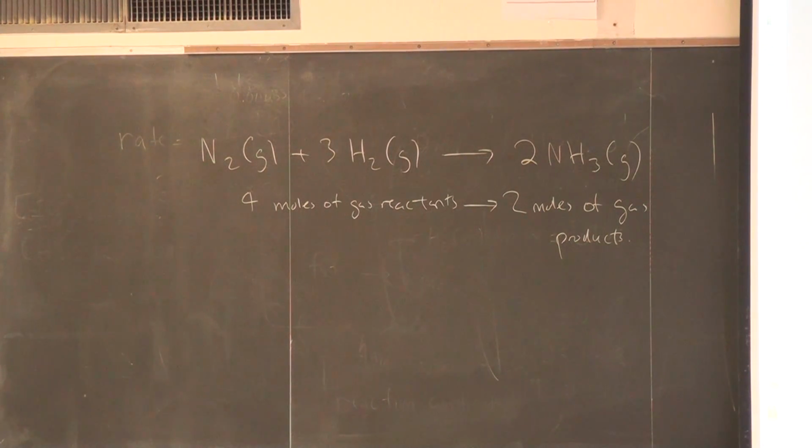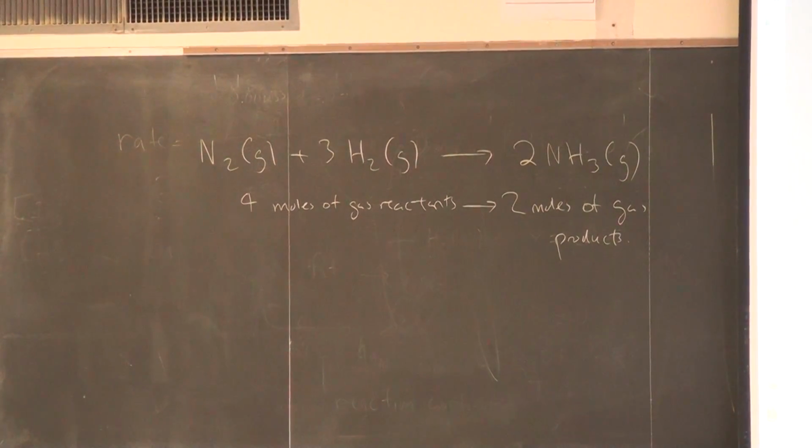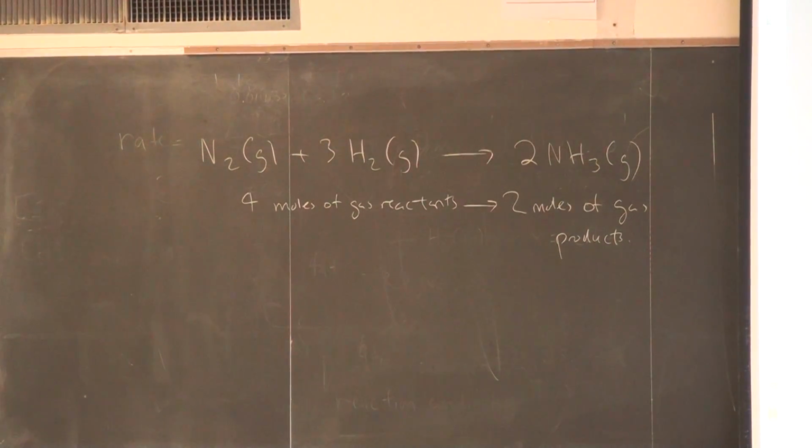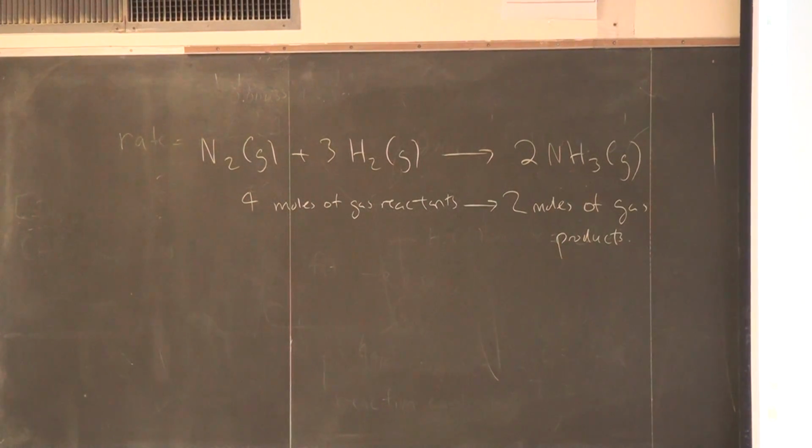Now it says here that low temperature is used. What information do we need to figure out the temperature conditions? We need to deal with heat of formation, because heat of formation will give us information about the heat of reaction.